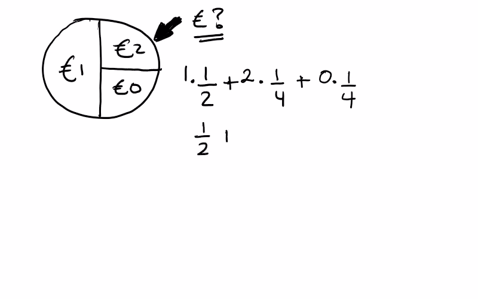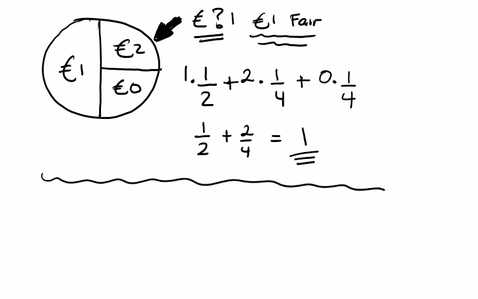We have 1/2 plus 2/4, which is equal to 1/2 plus 1/2, which is equal to 1. So the expected return on this game is 1. If we charge €1 for this game, we can say this is a fair game. Any amount of money that the dealer charges more than €1 will be his profit in the long run. So this is a fair game.